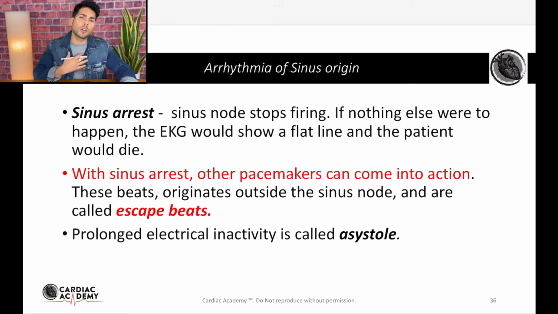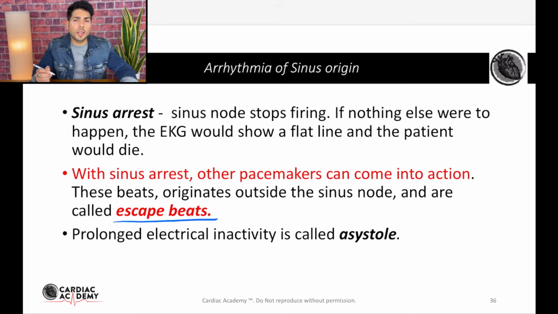Thankfully, in our hearts, we have different pacemakers in different locations, and they all have their intrinsic heart rate. So when you see this sinus arrest, there's going to be a new beat originating from somewhere else in the heart, and these are called escape beats.